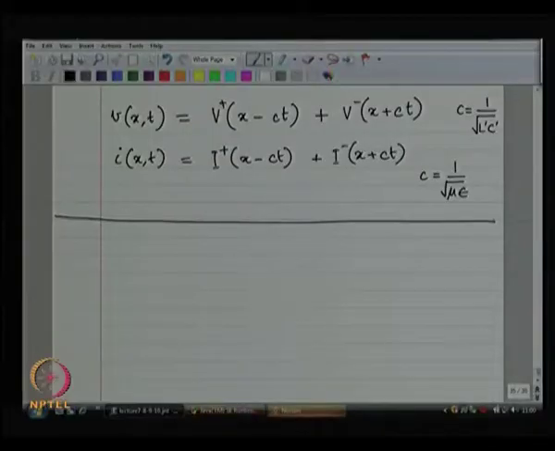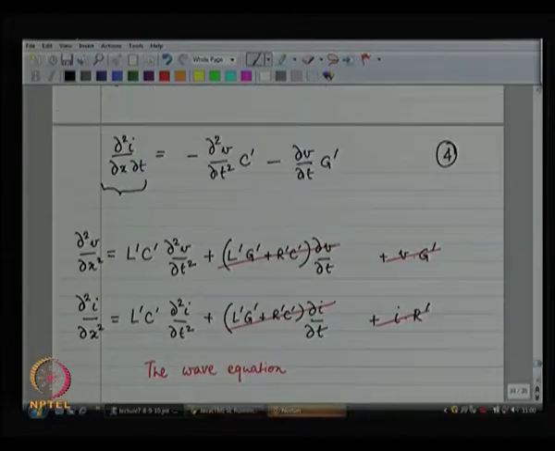Okay. Our equations are somewhat different. We assumed over here that G prime and R prime are 0, right. G prime and R prime create a loss in the wire. When the wire is completely lossless, an electromagnetic wave can propagate over the wire without any attenuation.